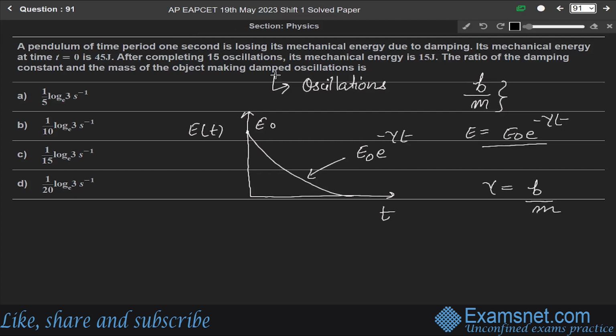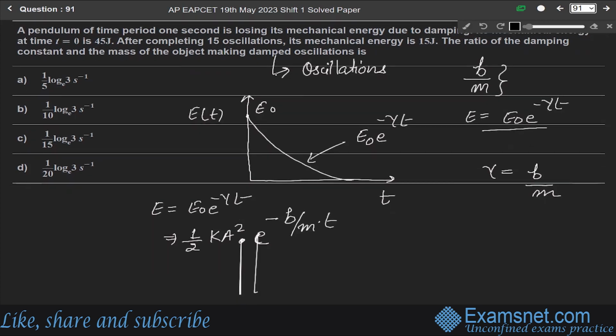For this type of question, the energy is given as E equals E naught e to the power minus gamma t, where E naught is equal to 1 by 2 k A square, so E equals 1 by 2 k A square into e to the power minus b by m into t.